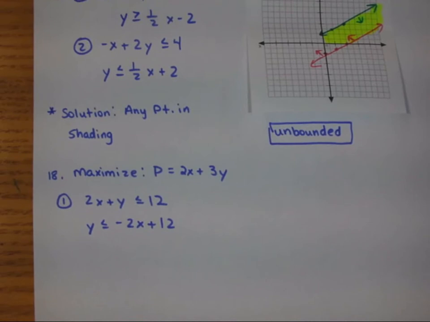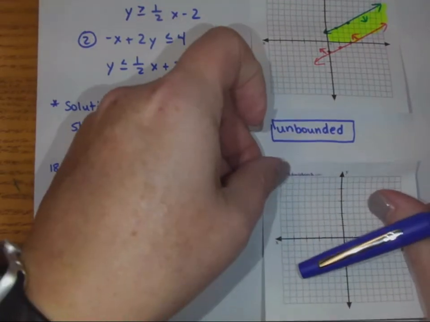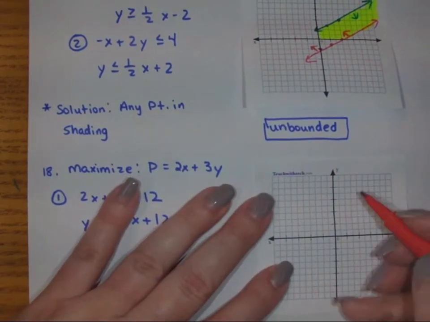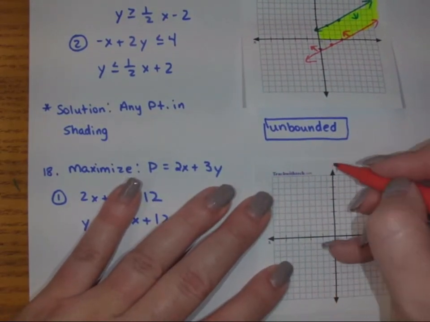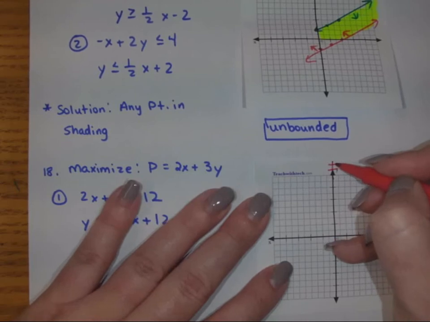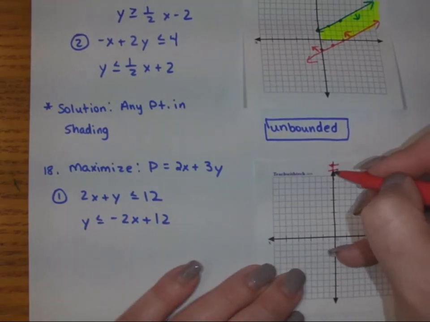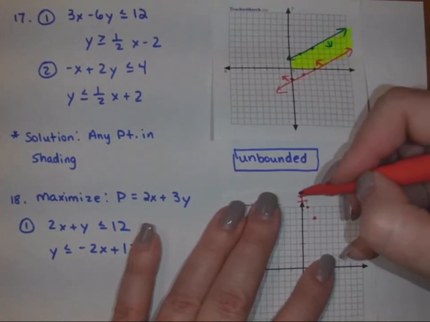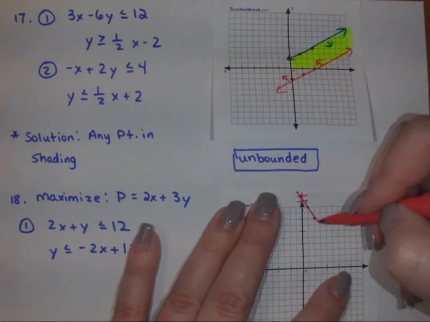So let's graph that one first. So 12, I've got 2, 4, 6, 8, 10, so I'll just go up a little bit more to find 12. So I've got 12 here, and then I go down 2 over 1, down 2 over 1, and so on and so forth.